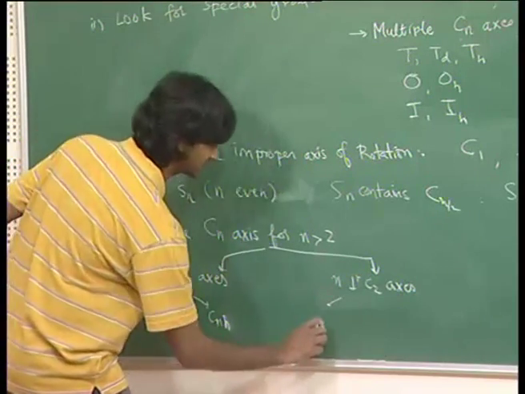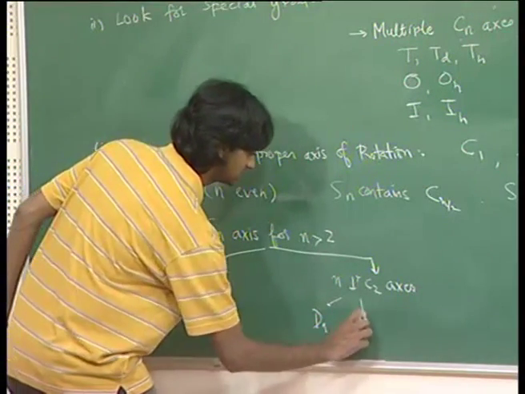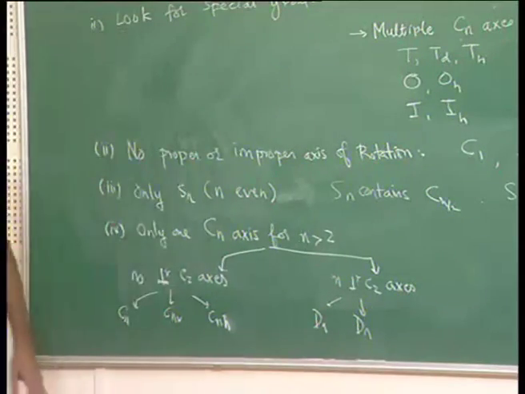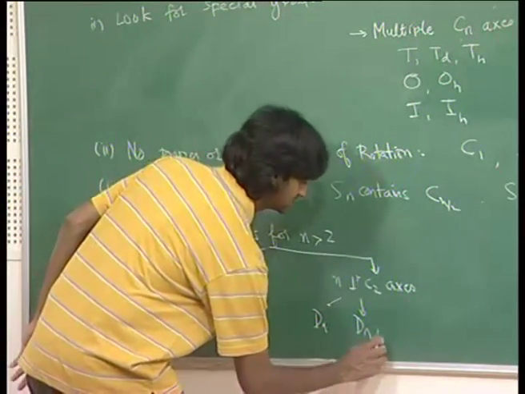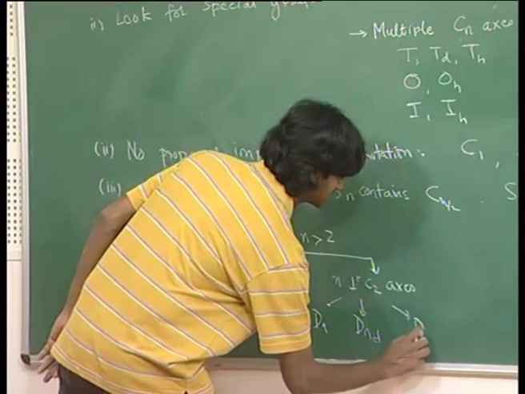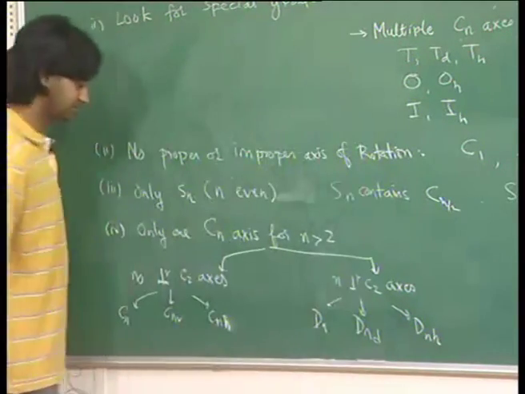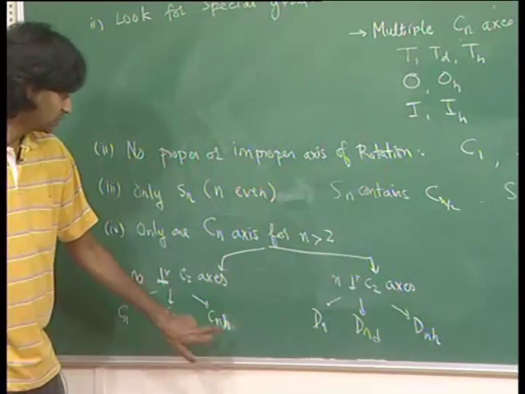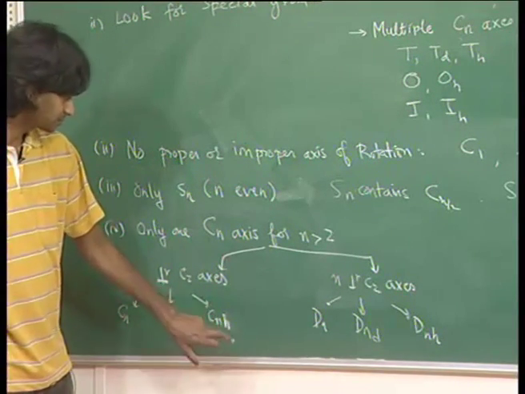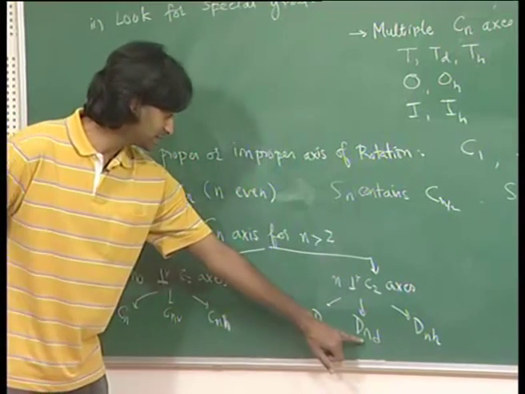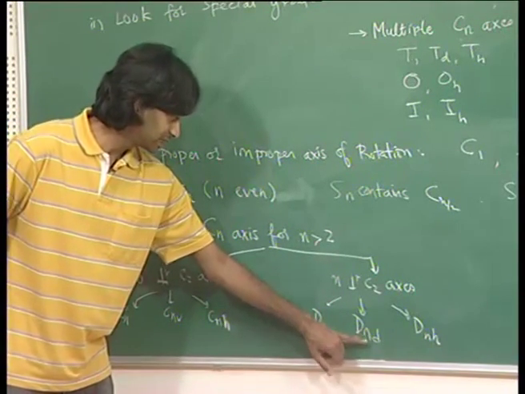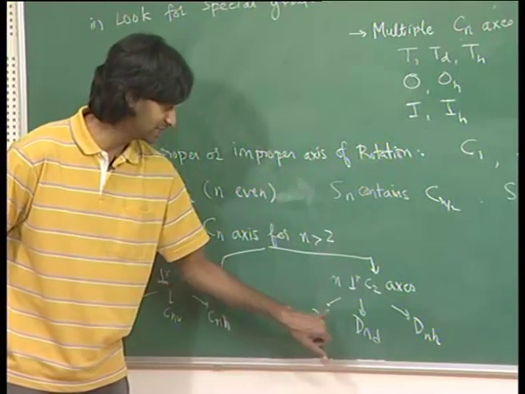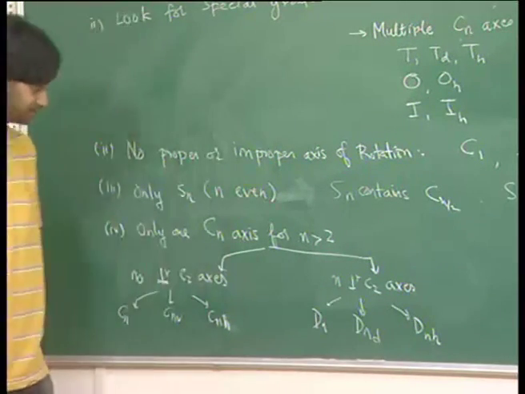The corresponding groups will be Dn, Dnd or Dnh. So the name of the group will be either Dn, Dnd or Dnh.